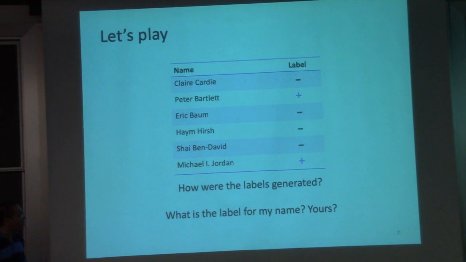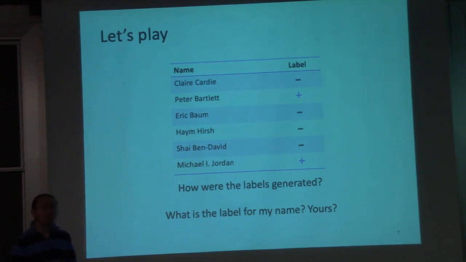So can anybody think or suggest what the underlying function will be? Let us just think for like 10 seconds. We need more data, won't we?